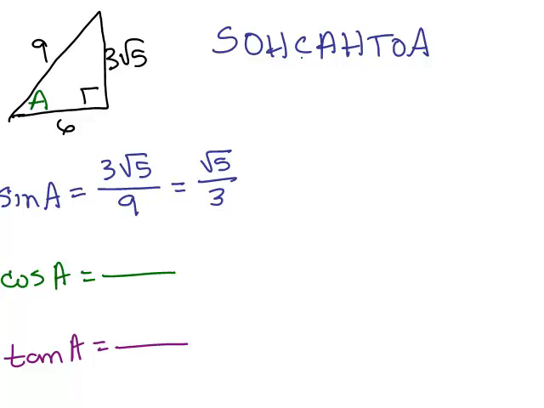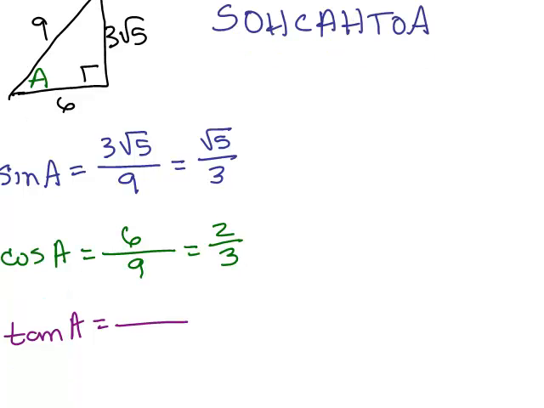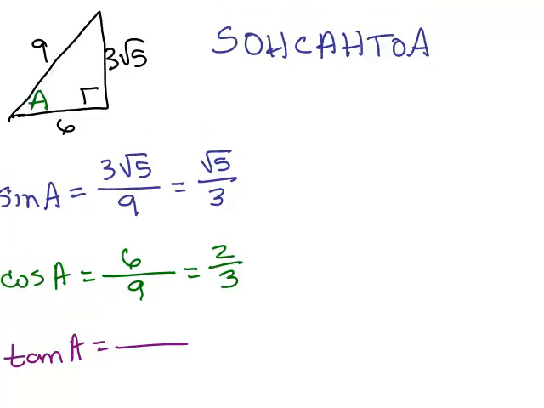Okay, cosine. That's adjacent over hypotenuse. So here's the side adjacent, 6, and it's over the hypotenuse, which is 9, and that also happens to reduce, right? You could divide the top and bottom by 3, so that's 2/3. So that's the cosine of A. All right, and what about the tangent? The tangent is the opposite over the adjacent.